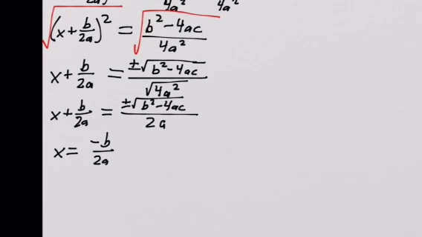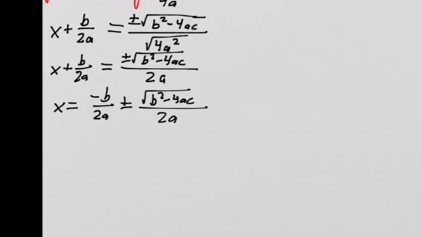So minus b over 2a plus or minus the square root of b squared minus 4ac over 2a, and then we can just write that over one denominator.